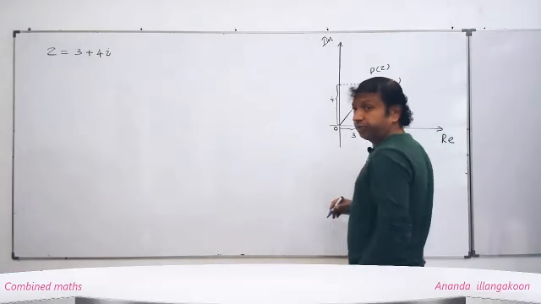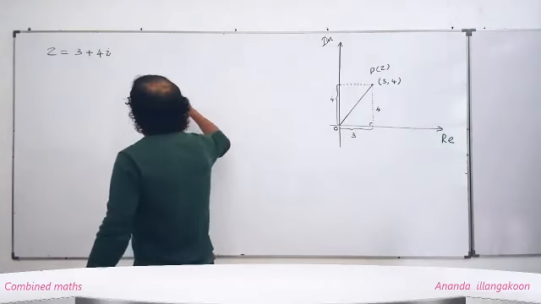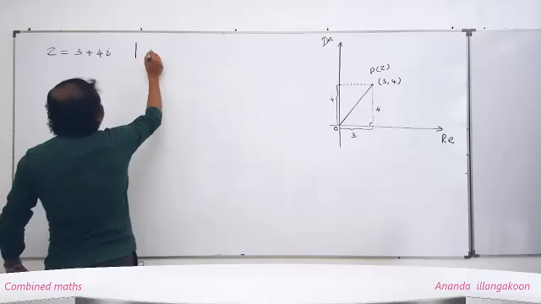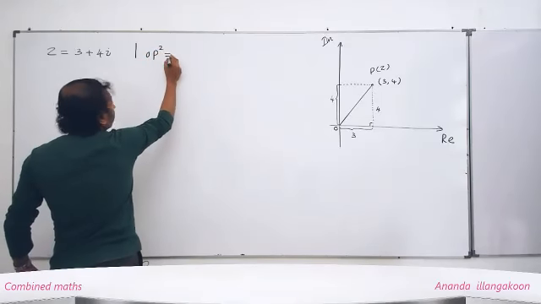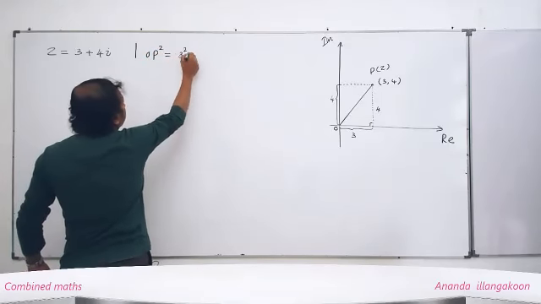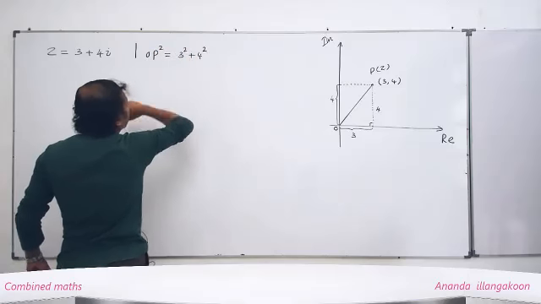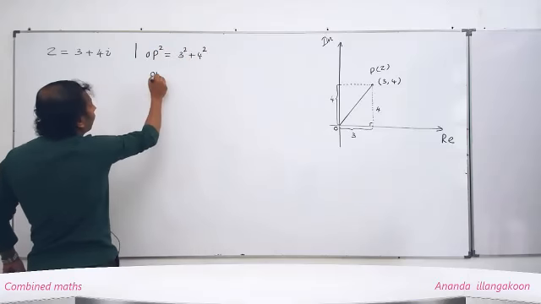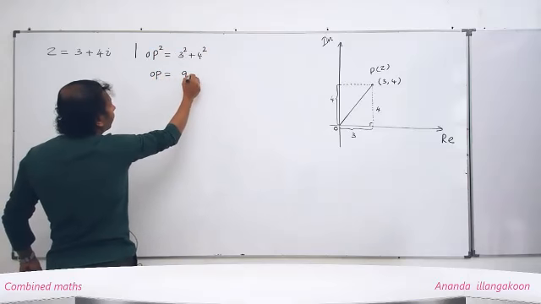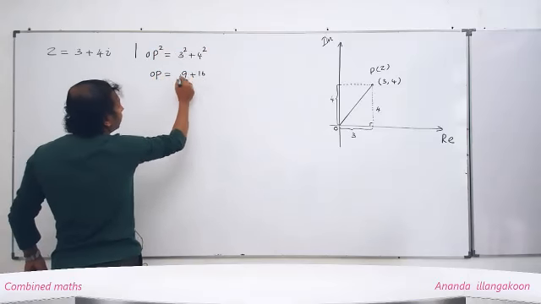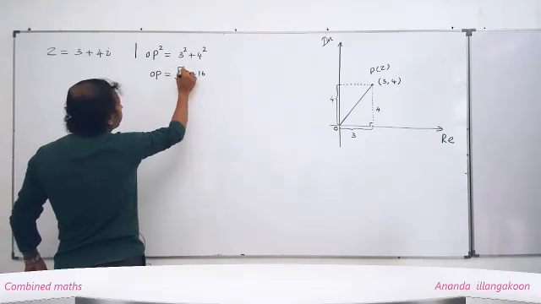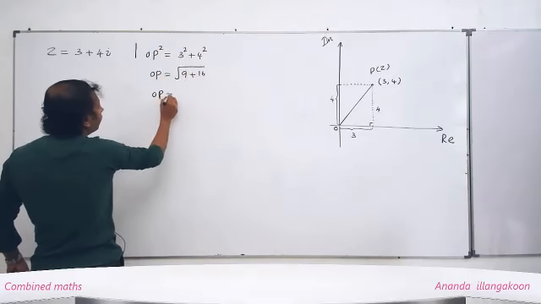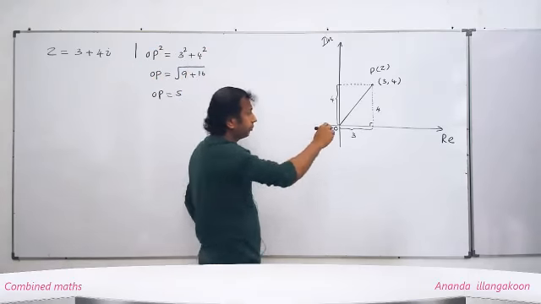This OP line, we can write its length. OP squared is therefore 3 squared plus 4 squared. Now OP we can write as root of 9 plus 16. OP is 5.